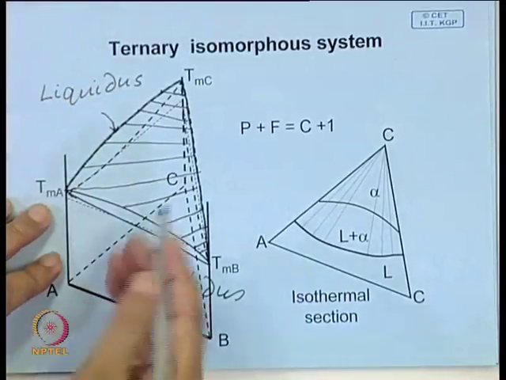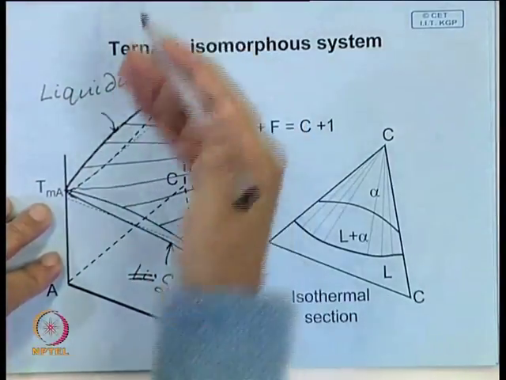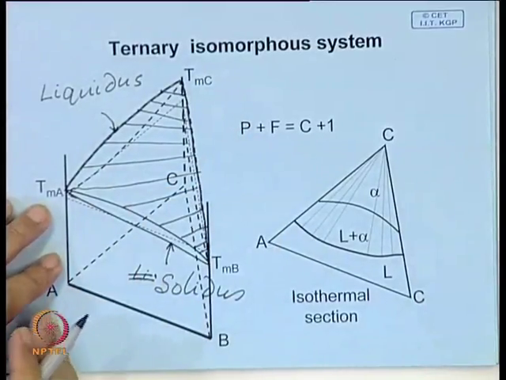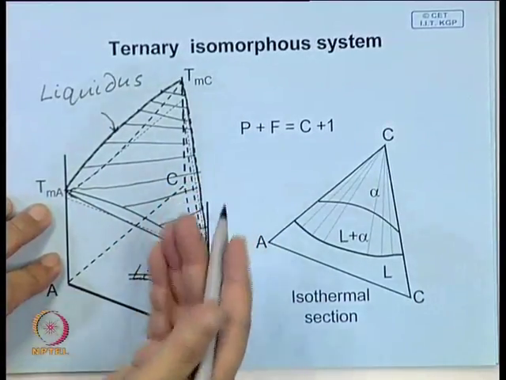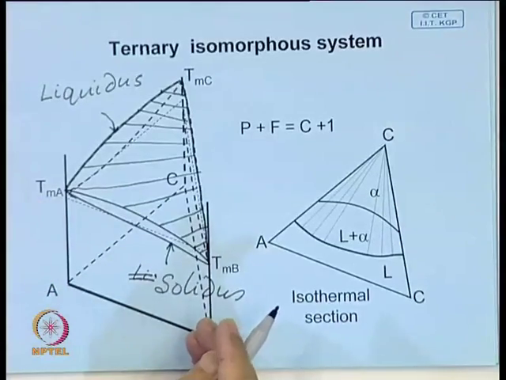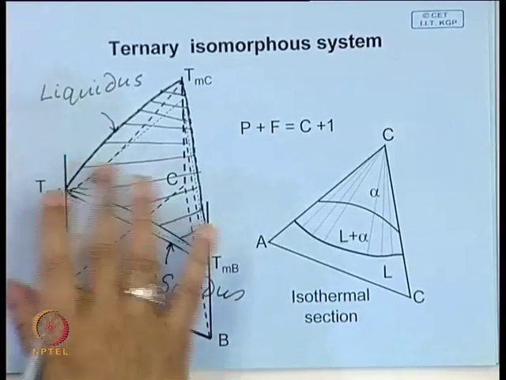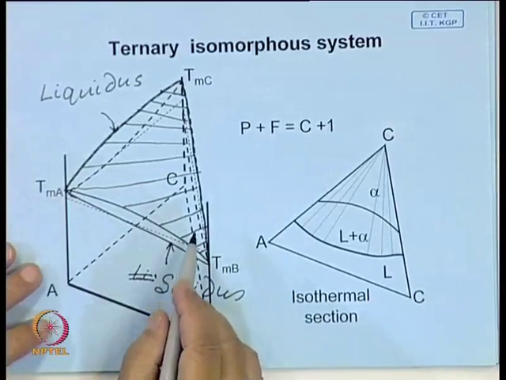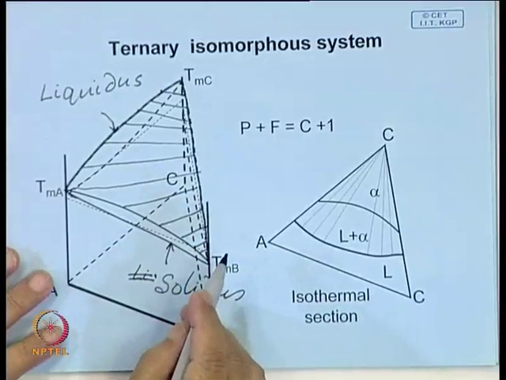If you join these bottom lines, it will generate a curved surface, and this surface is called solidus. So, in 3D it is quite difficult to visualize what the system will consist of at a particular composition and temperature.